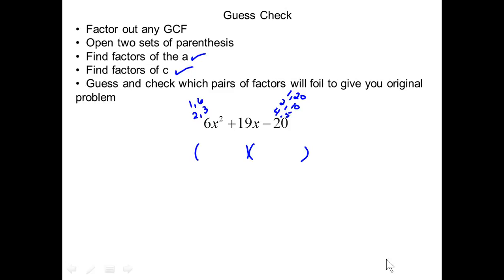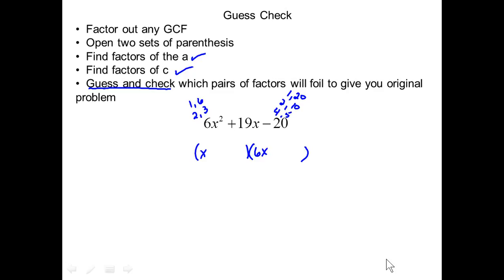Then literally it is a guess and check game. This is where the puzzle comes into play. What you've got to do, which we already know the answer because we're kind of cheating, is figure out which of these pairs can I multiply together to get these pairs, but then give me 19. Okay? So we'll start with the 1 and 6 up front. 1x and 6x.